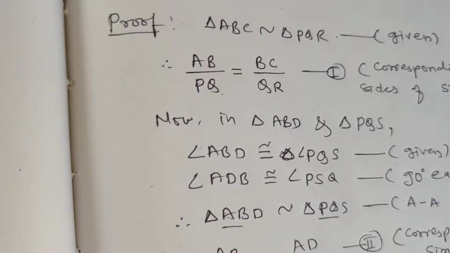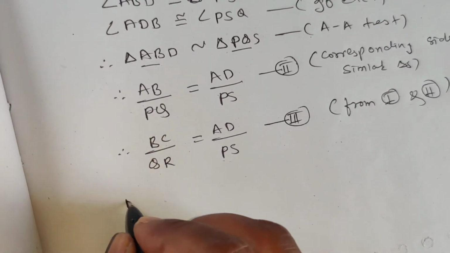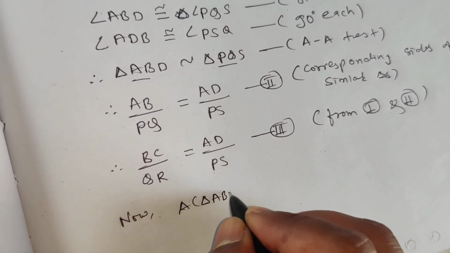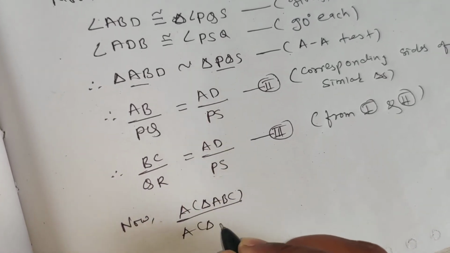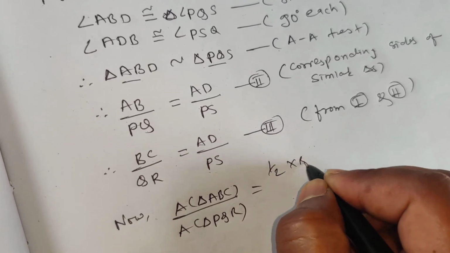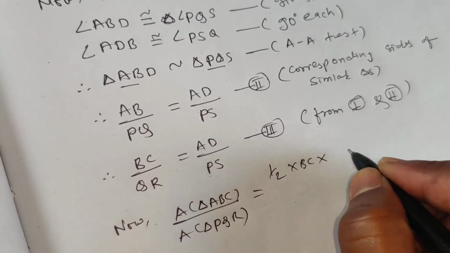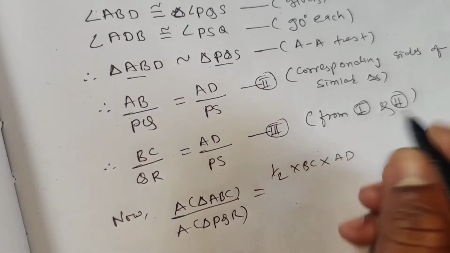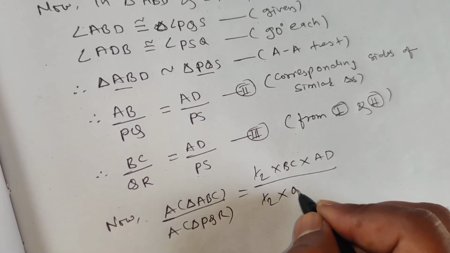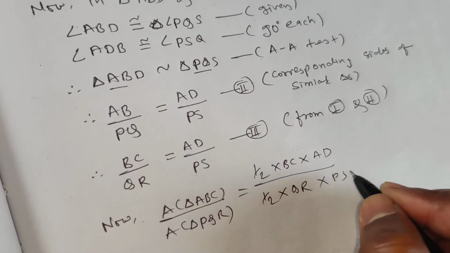We can write that by formula. Now area of triangle ABC upon area of triangle PQR is equal to half into base BC and height AD upon half into base QR and height PS.